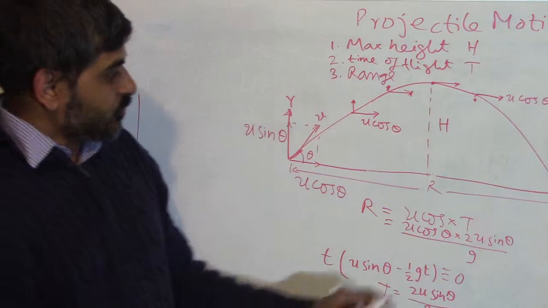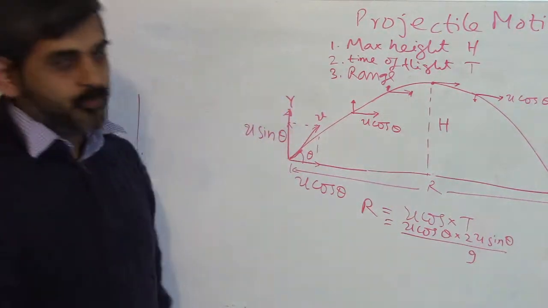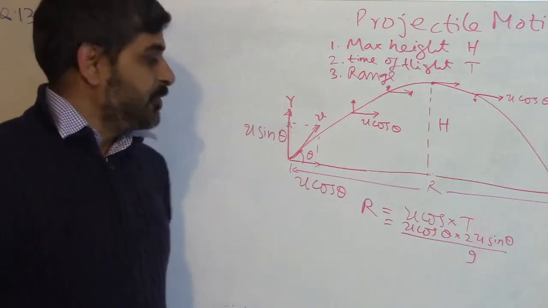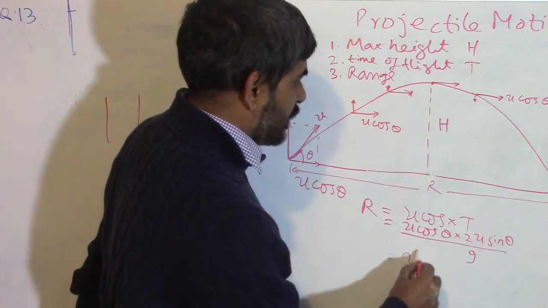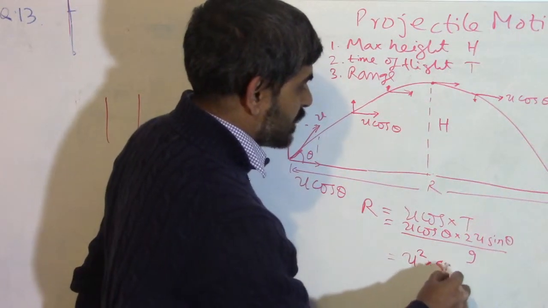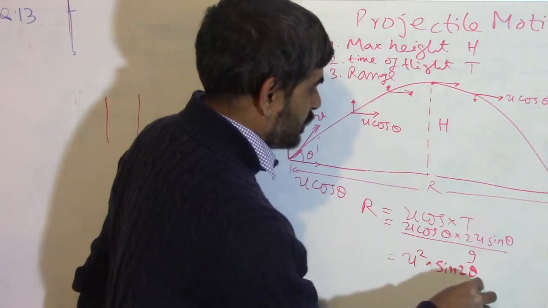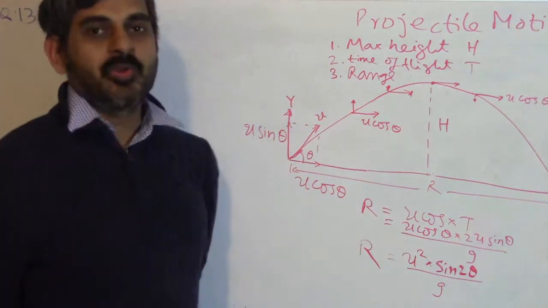So we have taken this formula and substituted it here, and there is some simplification. u into u is u square; 2 sine theta cos theta is sine 2 theta; and this whole thing divided by g. This is our range formula.